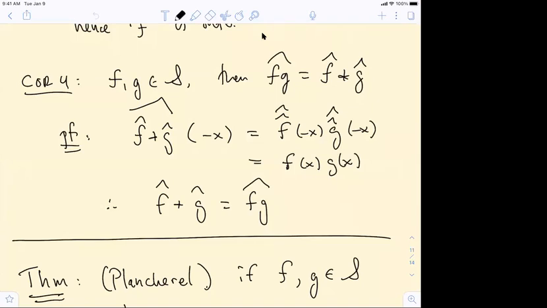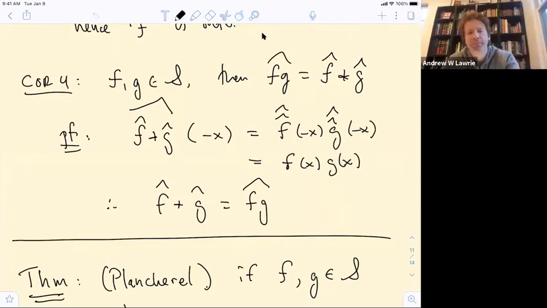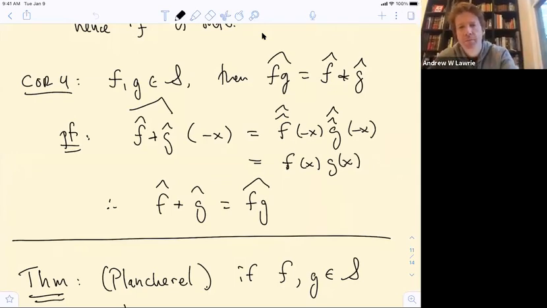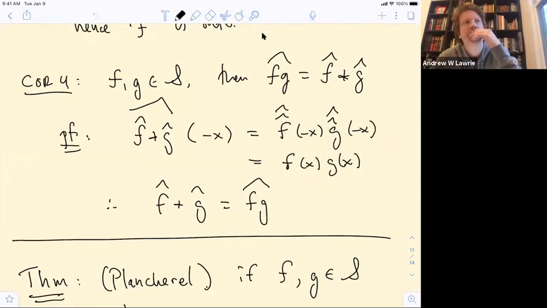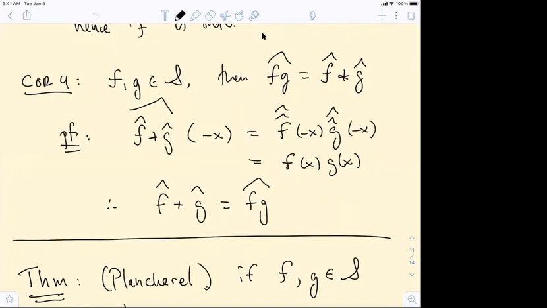When we take any L1 function, perform the Fourier transform and transform back to the original domain, this can be regarded as some projection operation to Schwartz space.